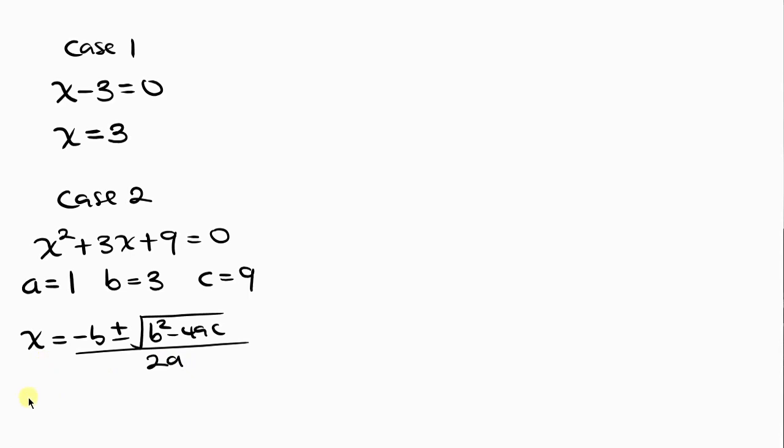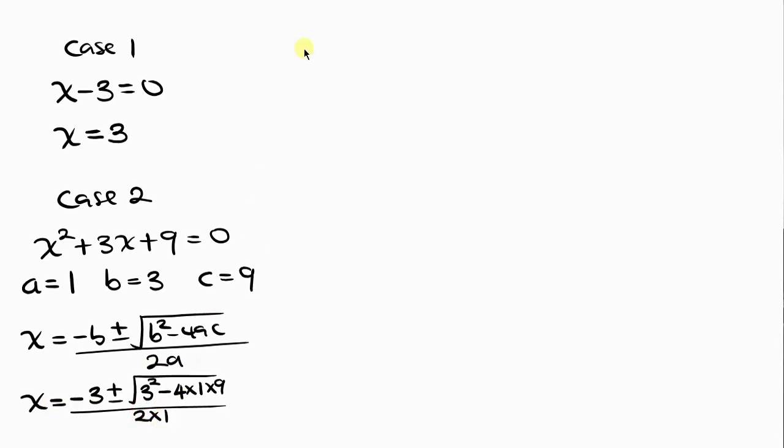So by substituting, we have x equal to negative b. So negative b is negative 3, plus or minus the square root of b squared, that's 3 squared, minus 4ac, 4 times a is 1, and c is 9, all over 2a, that's 2 times 1.